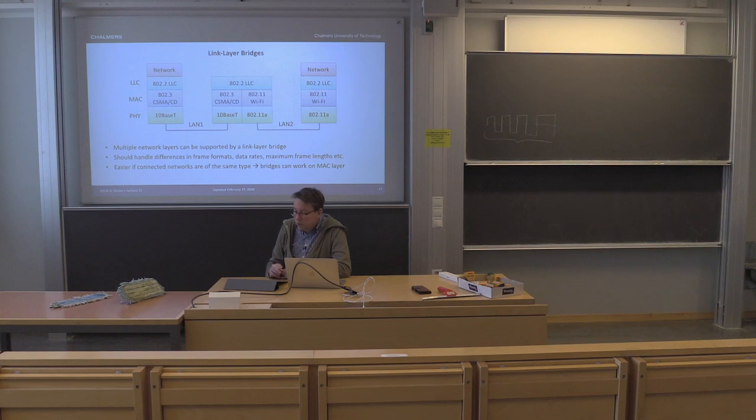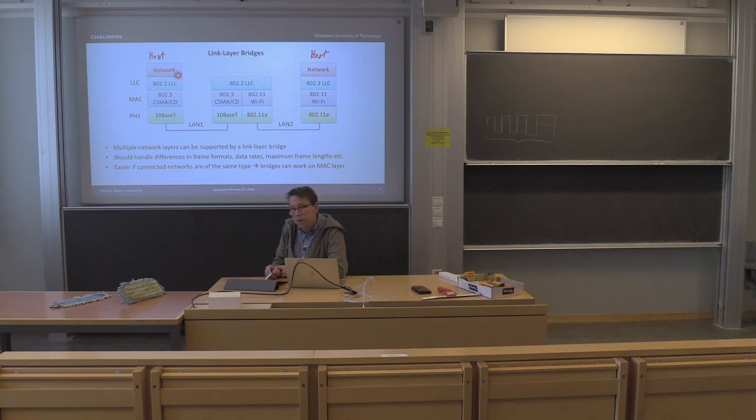Okay, so let's talk about link layer bridges here. So what are these? Well, if we have a host here which is connected to a LAN, and another host which is connected to another LAN here. Suppose on the left-hand side we have a host, which means that it has a transport layer, application layer, whatnot.